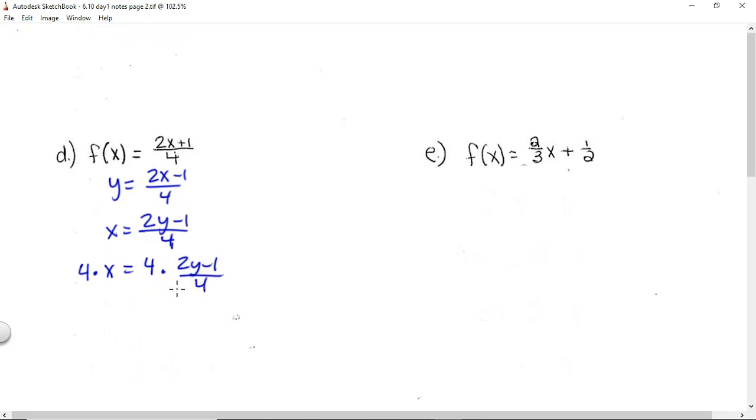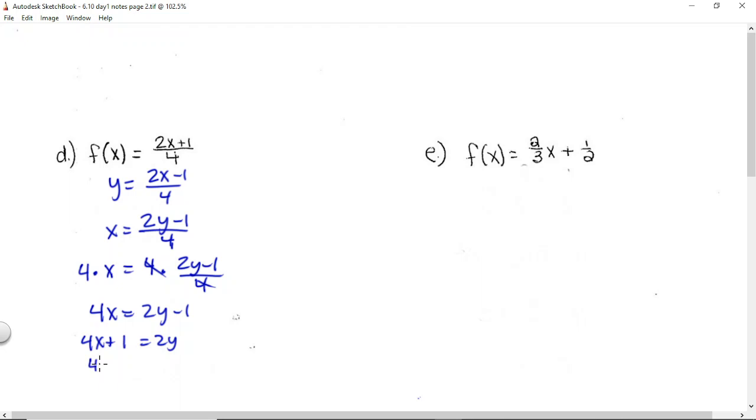Okay, multiply both sides by 4 is what I did there. So on the left we get our 4x, and on the right, as we intended, that cancels. Again we're still solving for y, so now we're going to add 1 to both sides. So we have 4x plus 1, and we have 2y. And last of all, divide both sides by 2.